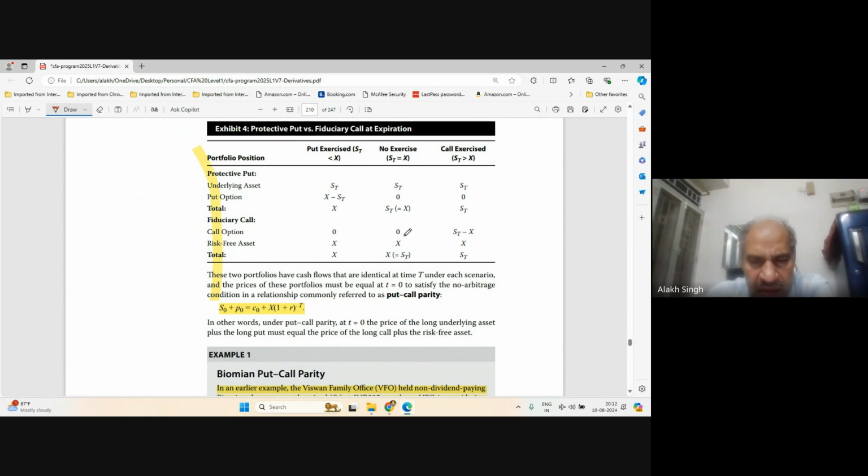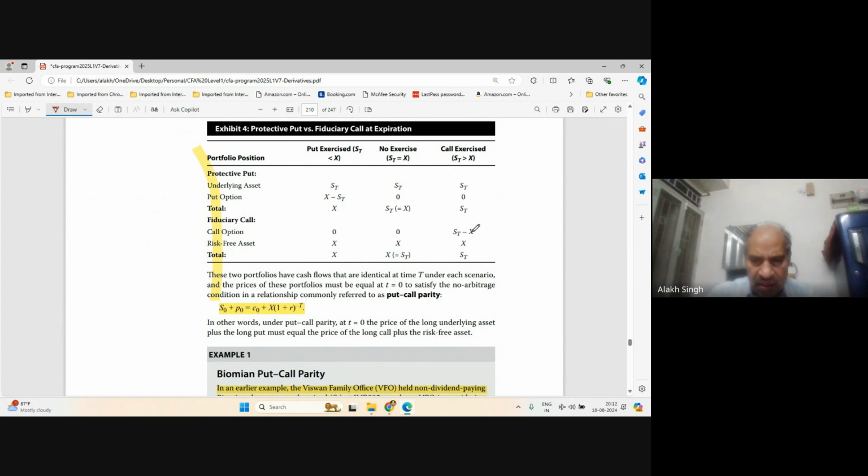When there is no exercise, it remains X because ST and X are equal. And when the call is exercised, it means ST is greater than X. So he will get ST minus X, the money from the call, this upward-going part, and the X he has already purchased.